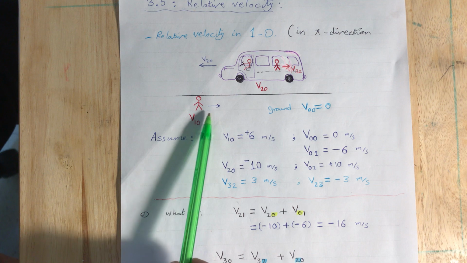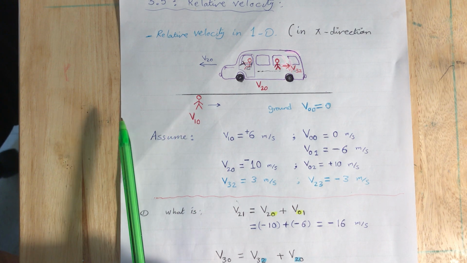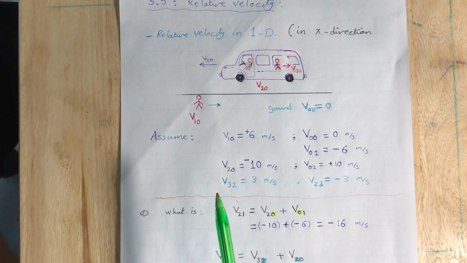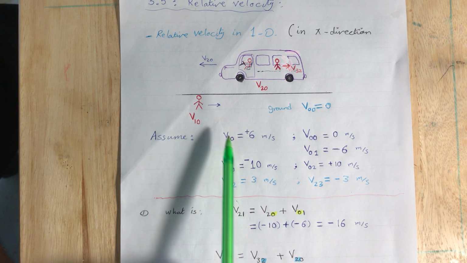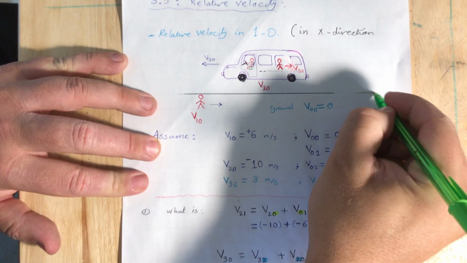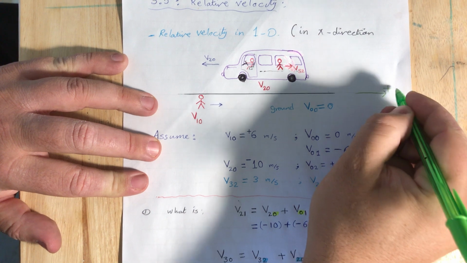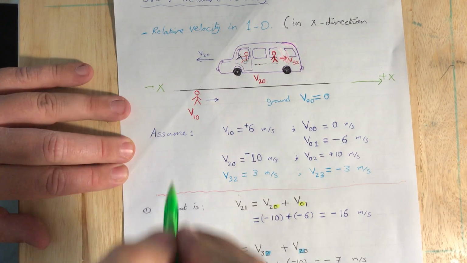Maybe he is standing and stationary and his velocity is 0 with respect to ground. But in my example, I suppose that v10 is equal to plus 6, meaning I will take moving to positive x as positive, negative x as negative sign.